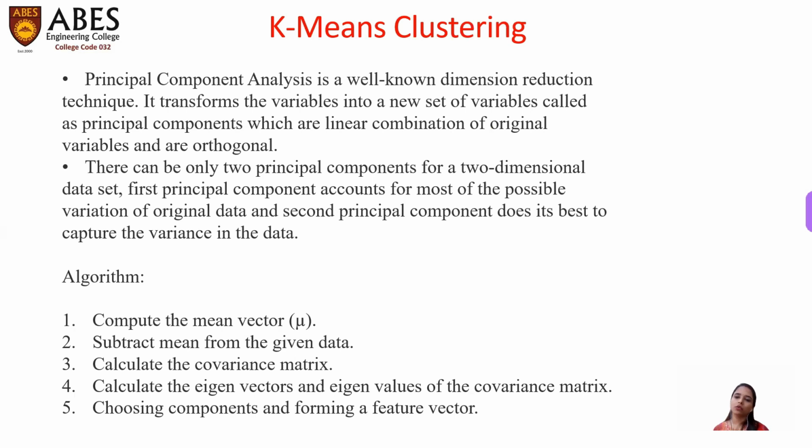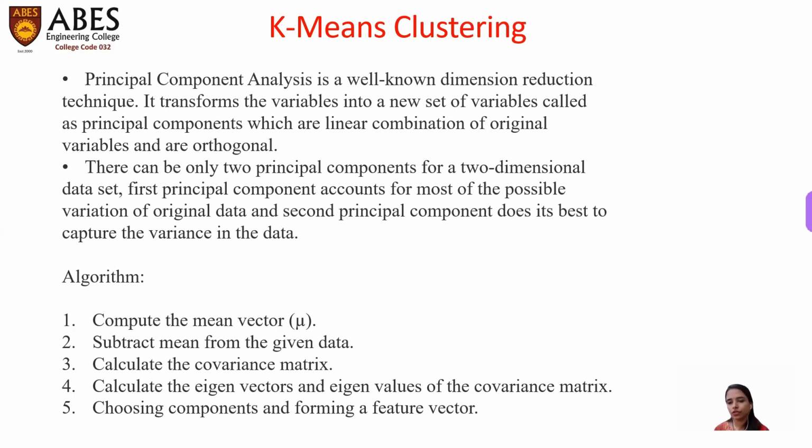So the algorithm goes as follows to calculate these principal components. First, we need to calculate the mean vector. How can we calculate the mean vector? By taking the mean value of all x data points and y data points. In each data point, we have 2 components: x1, y1, and in the second data point, we have x2, y2.